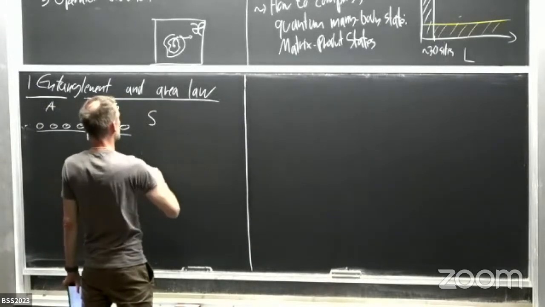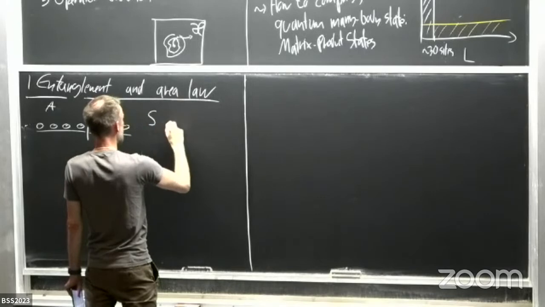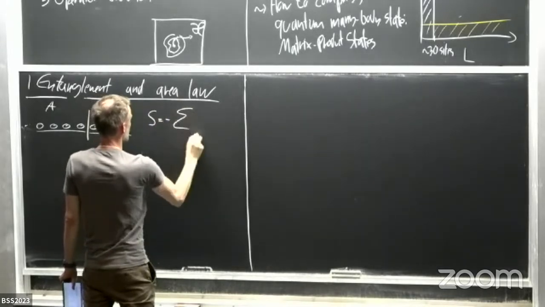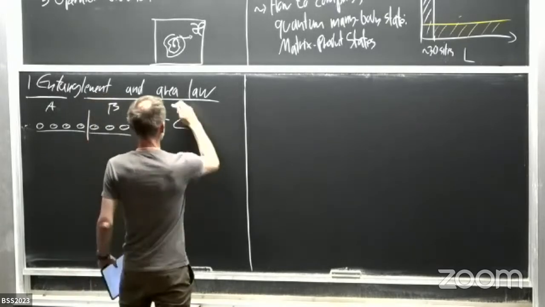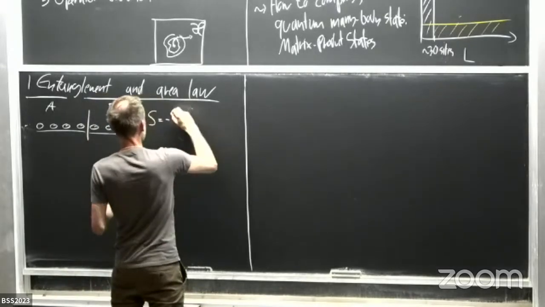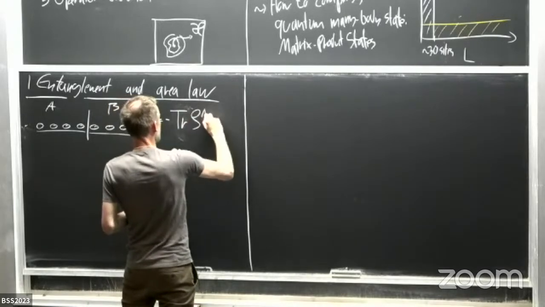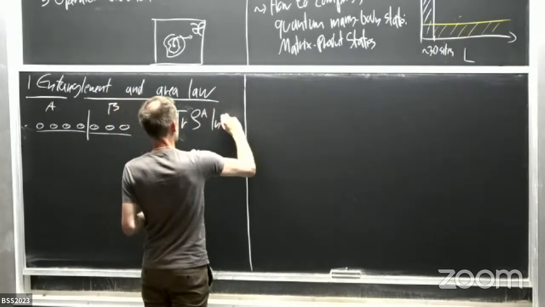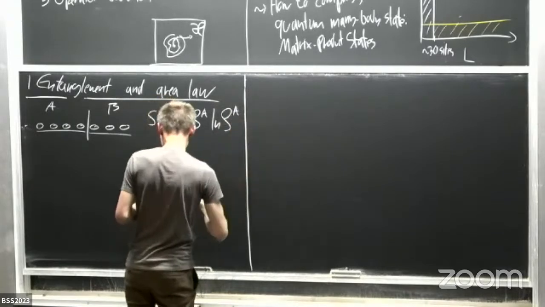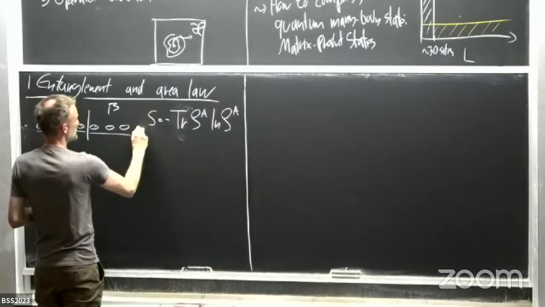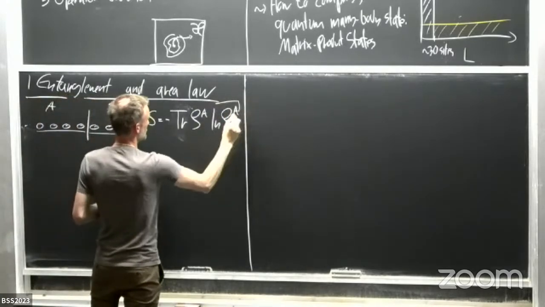We could, for example, measure the entanglement entropy, or the von Neumann entropy, for the reduced density matrix. So we have a minus the trace of rho A log rho A. And this is the von Neumann entropy, which I'm going to talk about.